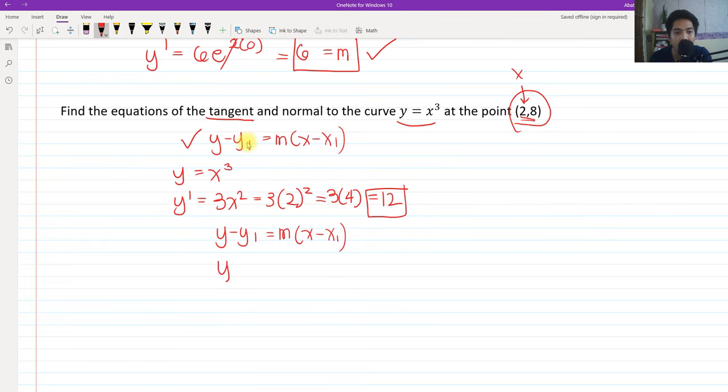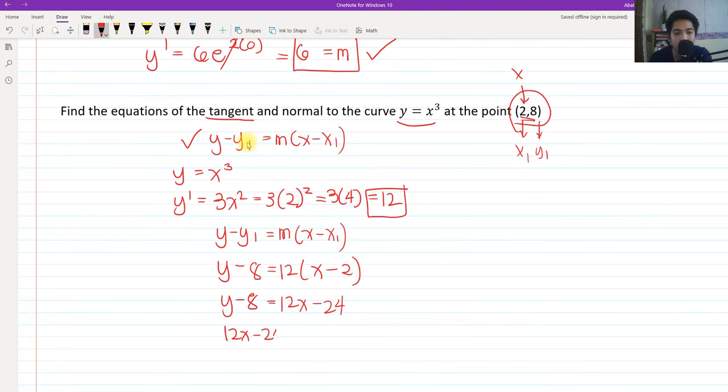So we have y minus, we have our x and y here, x sub 1, y sub 1 here. So we have y minus 8 equals 12 times x minus 2. Okay? So, simplify. We have y minus 8 equals 12x minus 24.